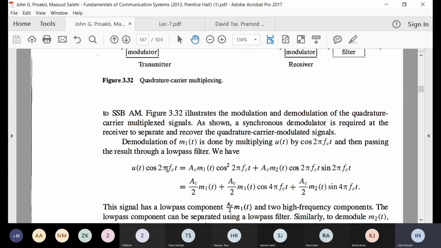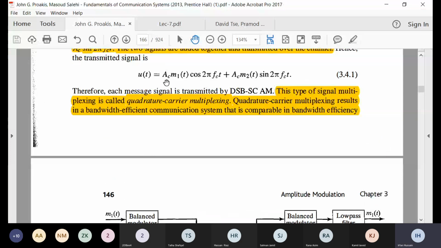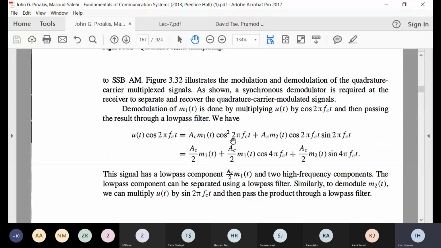Once it is multiplied, you can write the product as cos square, but this u of t, which is the signal containing cos and sine. So you multiply with cos, you will have a cos square here, and here you will have a sine times a cos. We know cos square is 1 plus cos 4 over 2, and the cos 4 term will be rejected by the low pass filter, so you will just get the low pass signal.